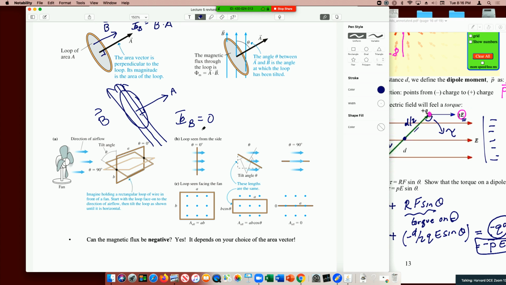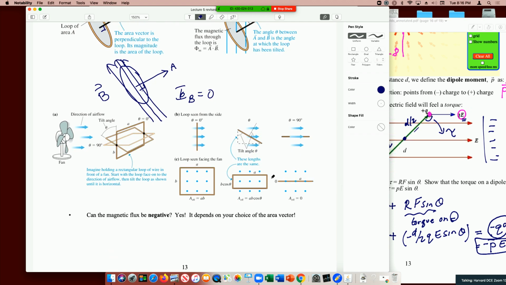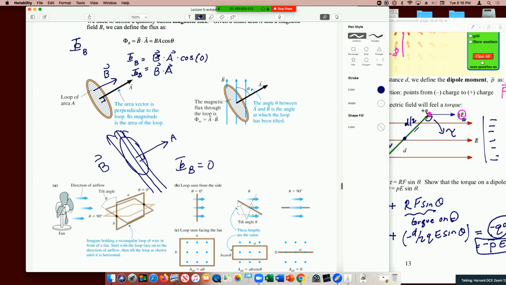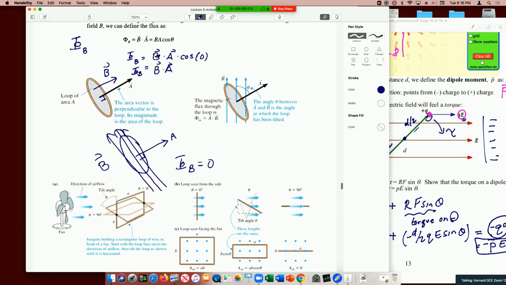So you could have an angle, like it's shown here. You could tilt the magnetic field, but there's still going to be a component of that field that is in the same direction as the area vector, and therefore you still have flux. Can flux be negative? Just looking at the mathematical equation, can you have a negative flux? Yeah, for sure.